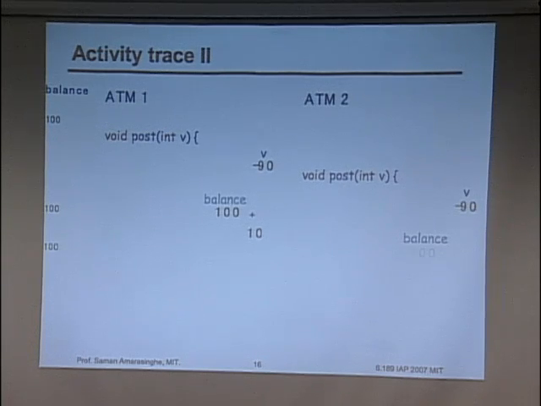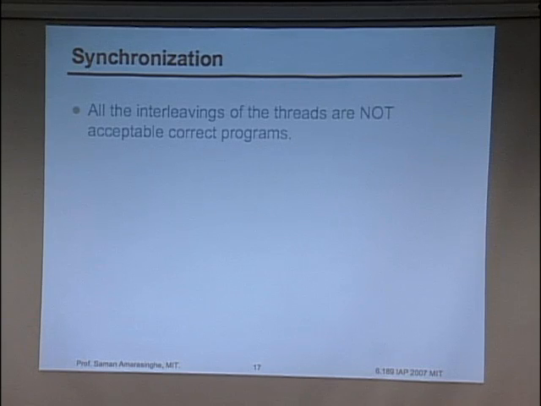And before you write it out, in the other interleaving you read the balance, and it got 100, and you do the plus, it's 10. So this wrote the balance, now the balance became 10, and this guy also wrote the balance. Doesn't matter, 10 got updated twice. And that's it. So you can have an interleaving that does something that's not a sequential program. And you're in big trouble.